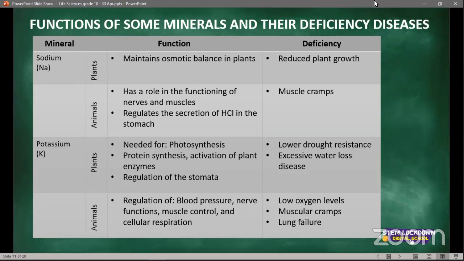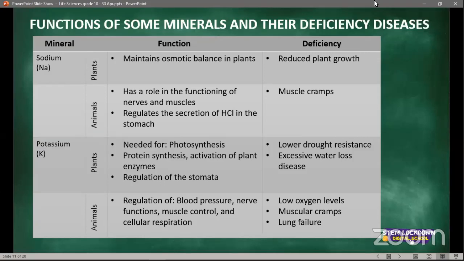Now for sodium, the mineral sodium. In plants, it maintains osmotic balance. Osmotic balance, what is osmosis? If any one of you has heard of osmosis, what is osmosis?